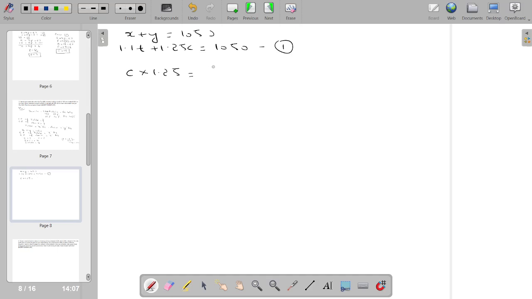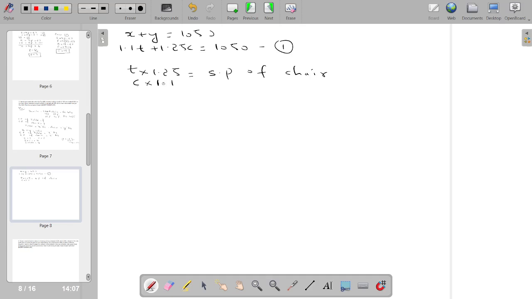Now this is what we can say is the selling price of the chair. Okay, this is T, actually the table, and this is the chair.